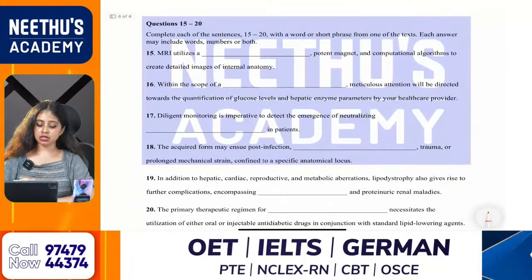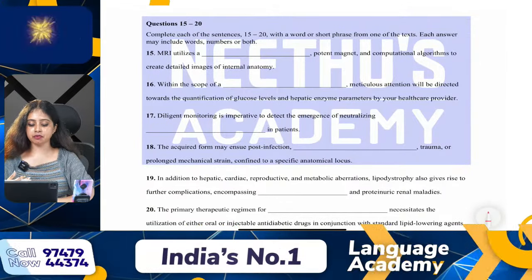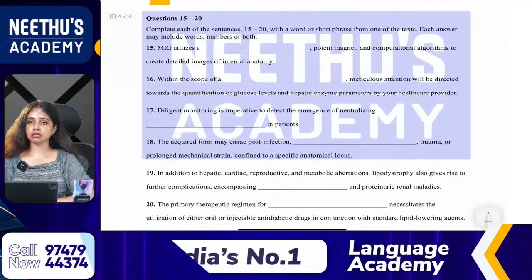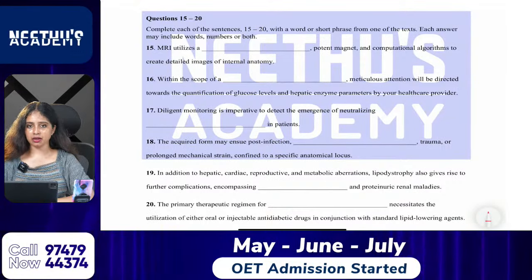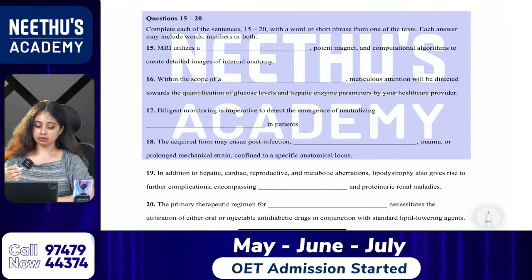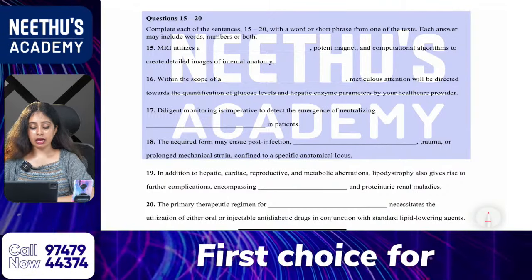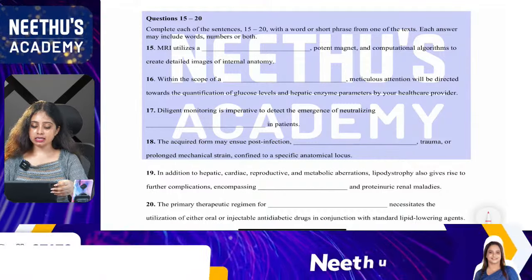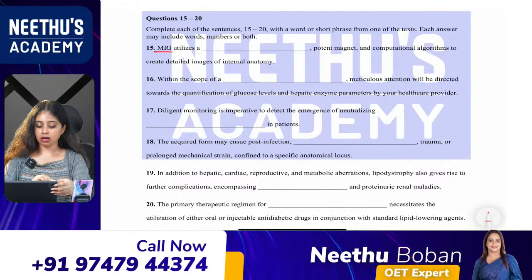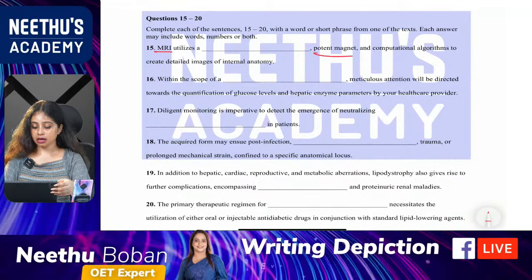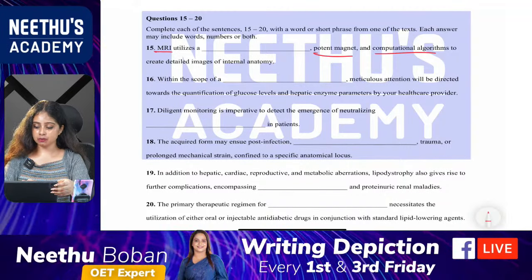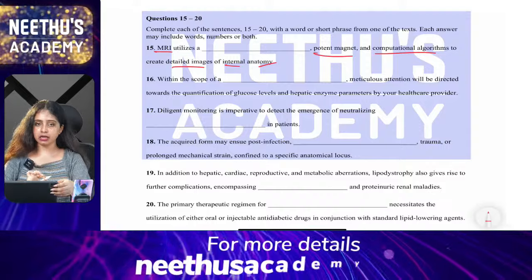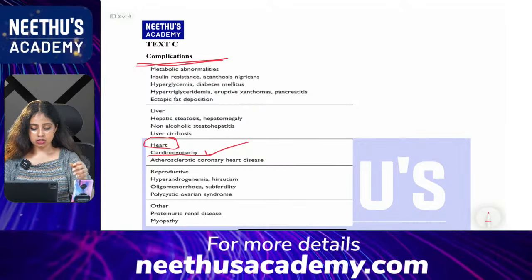Alright, so we are moving to the next set of questions from 15 to 20, which are called fill in the blanks questions. First, question number 15. Where is MRI mentioned? MRI utilizes a dash, potent magnets and computational algorithms to create detailed images of internal anatomy.